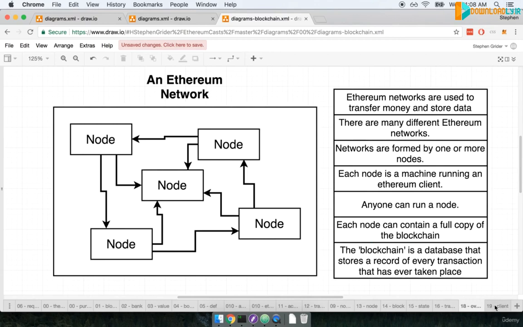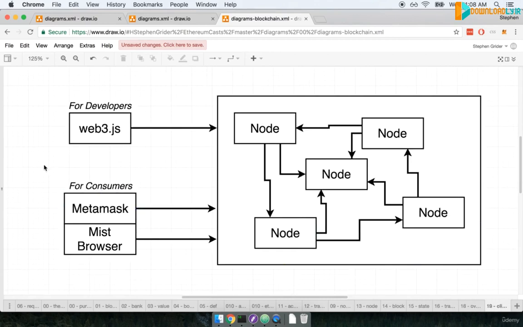In general, there's two different groups of technologies that we need to be aware of for connecting to the network. The first is technologies that are used by developers, or essentially created for developers, like you and me. So this is going to be technologies that we use to create actual applications that talk to the network through code. For that, we're going to be making use of a library called Web3.js.